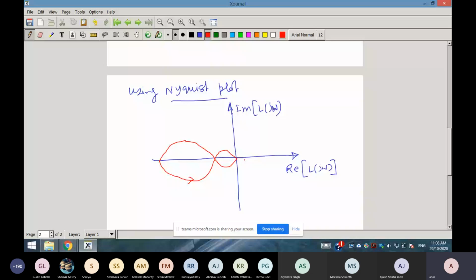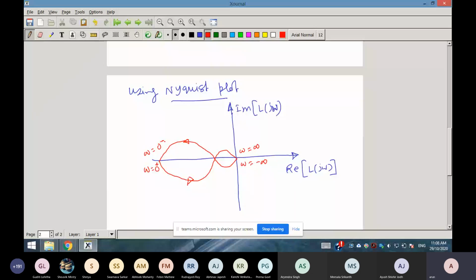Here omega equal to 0. Here omega equal to infinity. Here omega equal to minus infinity, plus infinity. Okay, plus infinity I have not written. This is omega equal to 0 minus.